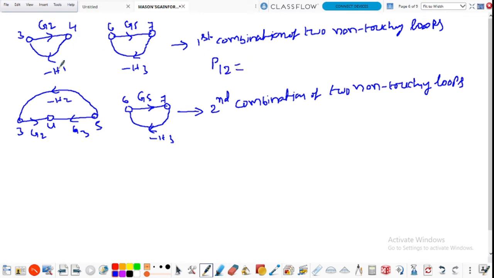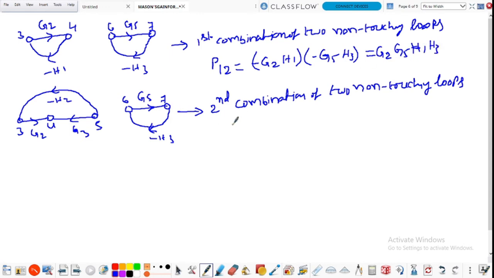Minus G2H1, into, what is this loop gain? Minus G5H3. Minus into minus plus, therefore G2, G5, H1, H3.